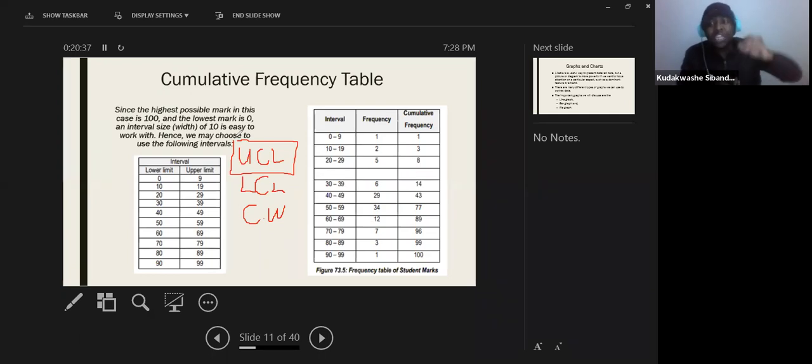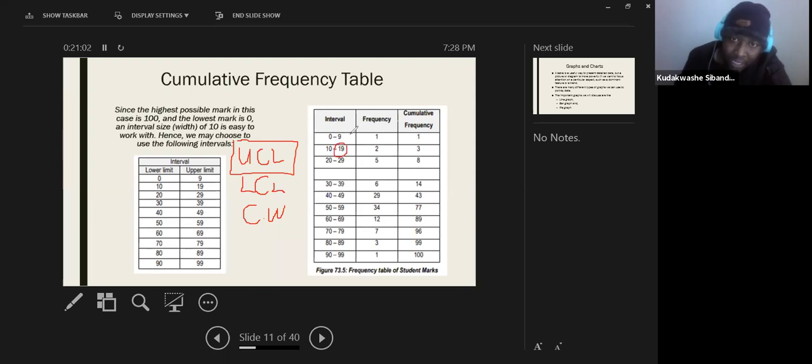You can't just take two abrupt classes. They must be adjacent, one after the other. Like in this case, let's take the first one and the second one. If we are using upper class limits, we say the upper class limit of the second class subtracts the upper class limit of the previous class.